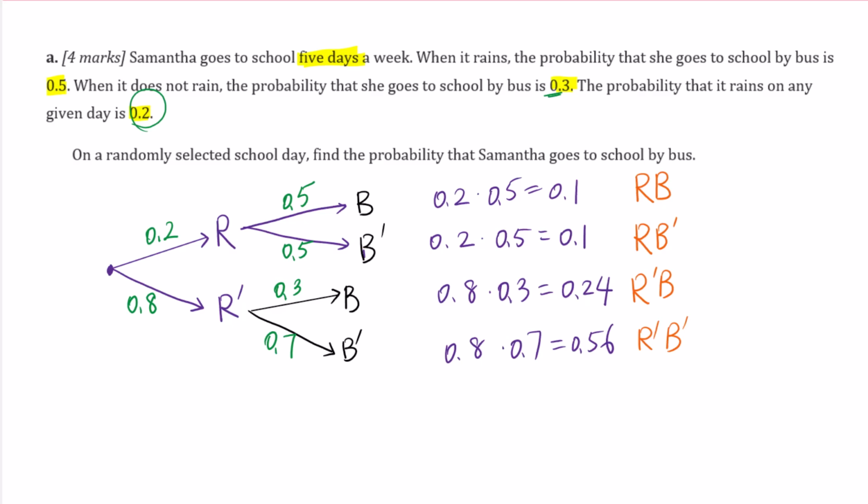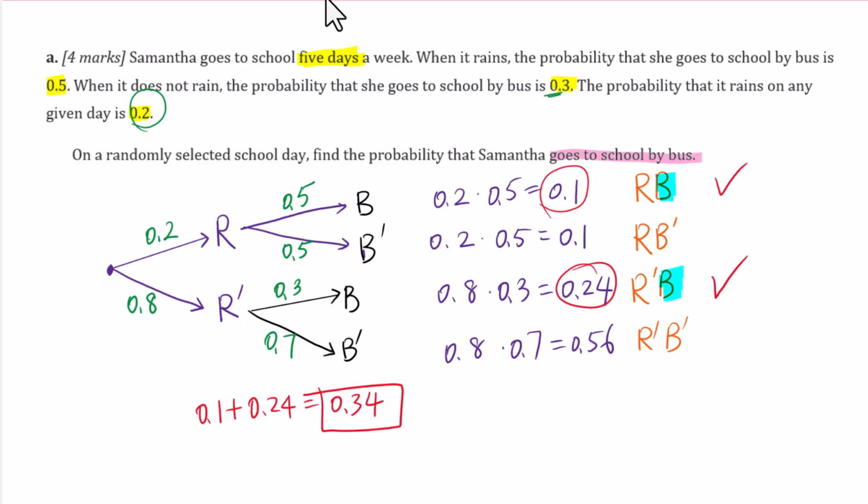We are looking for the probability of going to school by bus, here and here. We need to add these two probabilities. So the answer will be 0.1 plus 0.24 equals 0.34. This is the answer for A.